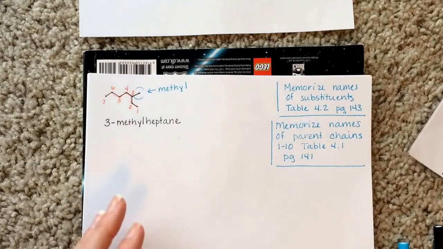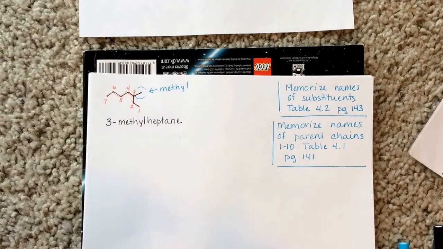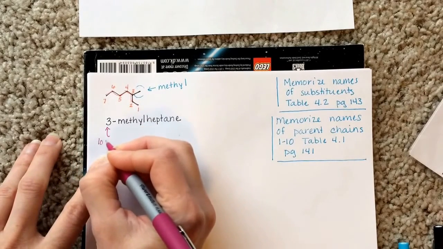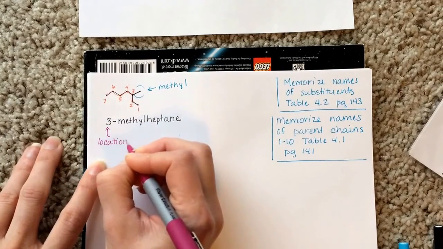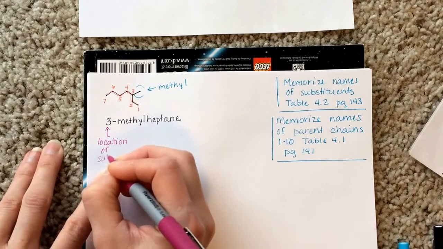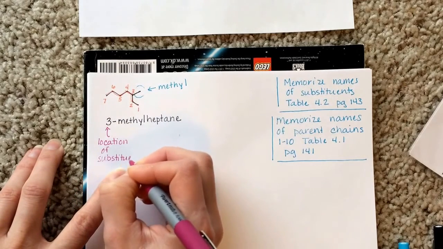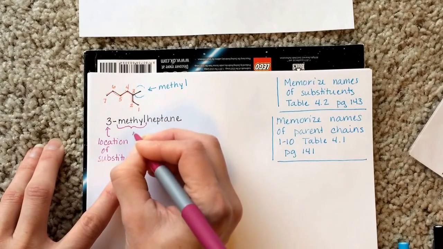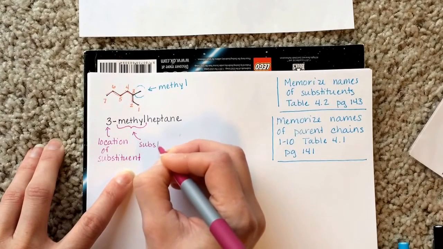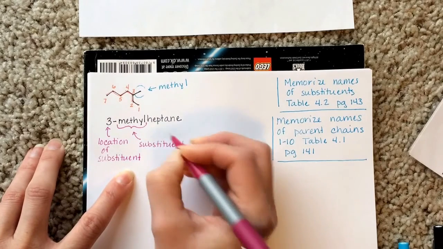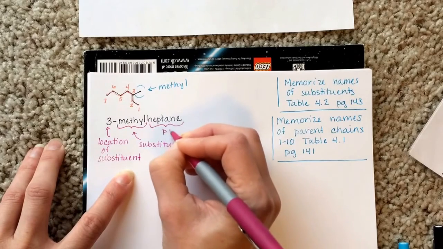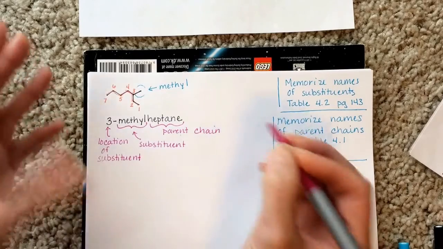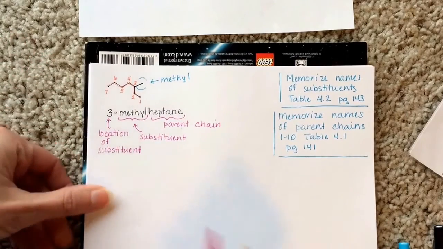In the name, the IUPAC name, you can break it all down. We have first the location of the substituent. Then we have the substituent. And then we have the parent chain. And this is the formula that we always use in all of the names, since this is why it's a systematic method.